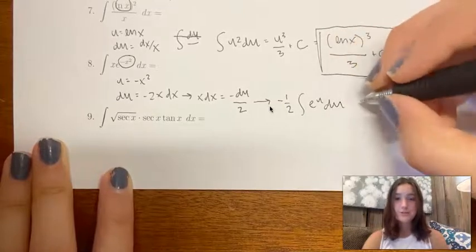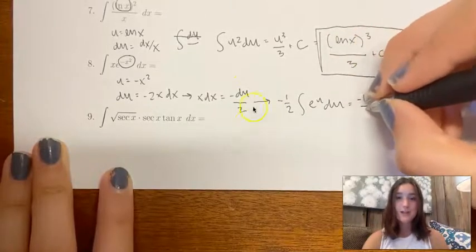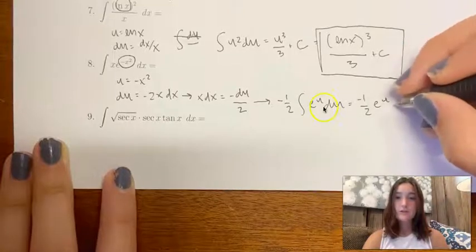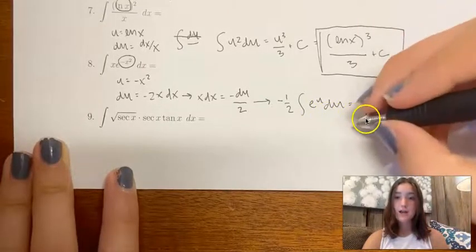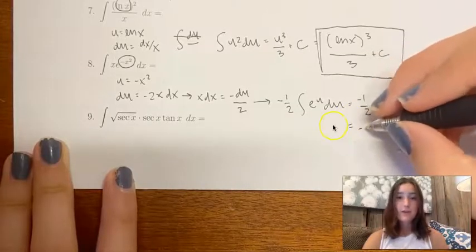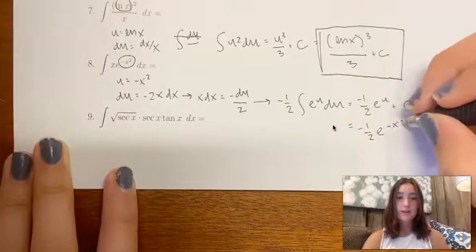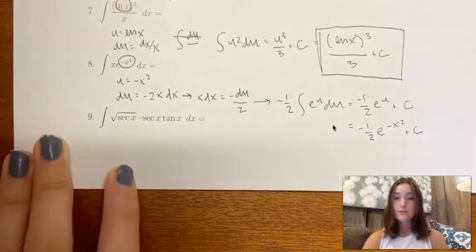I'm just going to take that negative 1/2 and put it before the integral right here. So don't forget that 1/2. And then I'm going to have e to the u, because that's where our u was, du. And so now I'm integrating that using our u. So I'd get negative 1/2 e to the u plus c. And then I'm going to go and plug back in that negative x squared. And there's my answer.